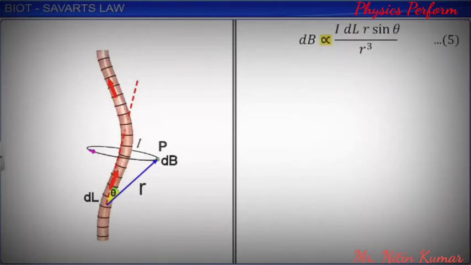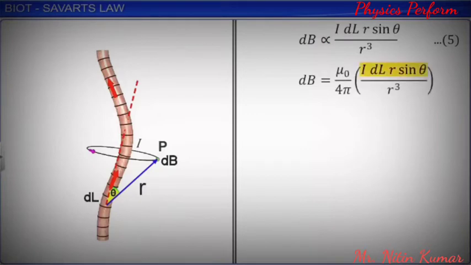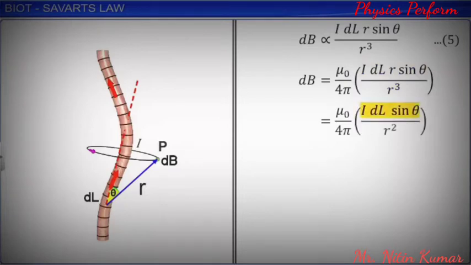Replacing the proportionality sign with a constant, we get dB is equal to mu naught by 4 pi into I dl into r sin theta by r cube, which can be written as mu naught by 4 pi into I dl into sin theta by r square.